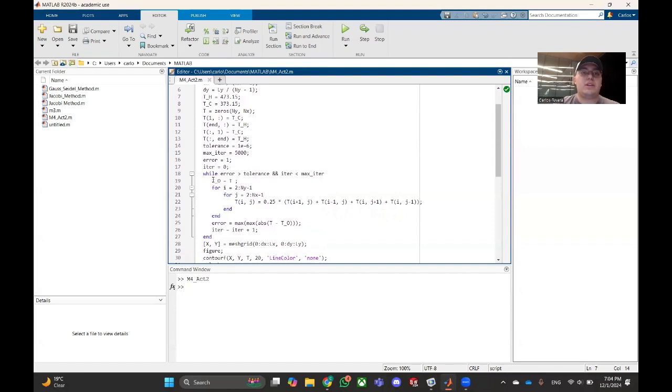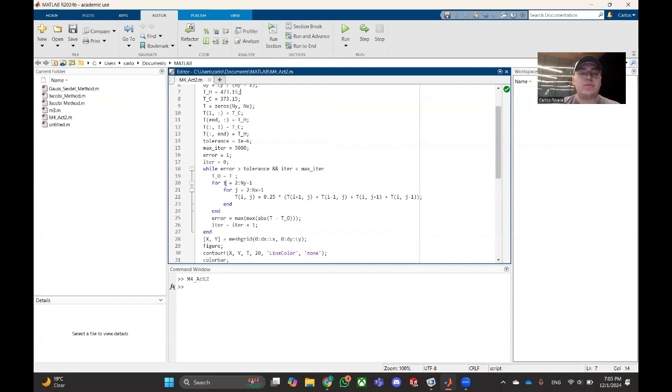So to start, I made a while operator that checked that the error was bigger than the tolerance, and the iterations were not surpassing the maximum iterations we could have. I had to make another matrix that was defined by the first temperature matrix that I have.